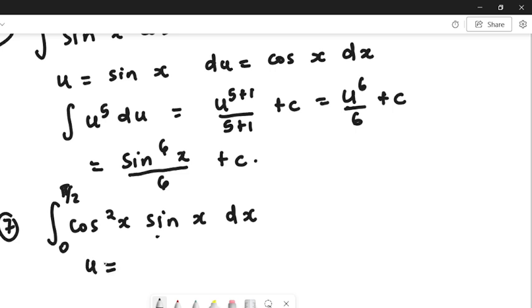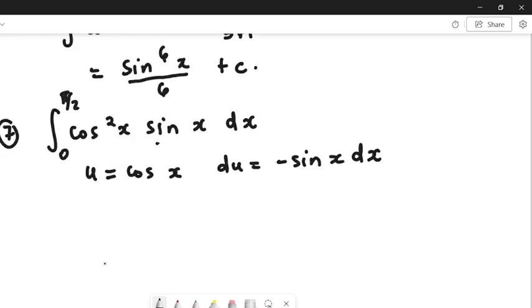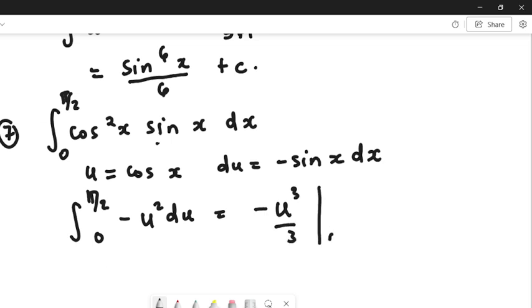So u is cos x, du will be minus sine x dx, and then you make your substitution. So you're going to get the integral from 0 to pi over 2 of negative u squared du. If you integrate, you will get negative u cubed over 3 from 0 to pi over 2.